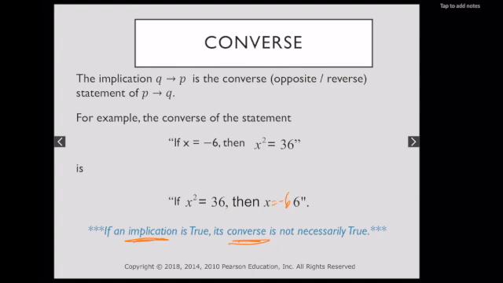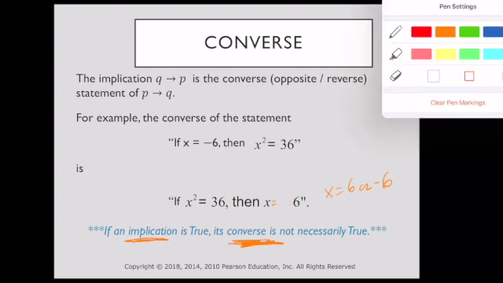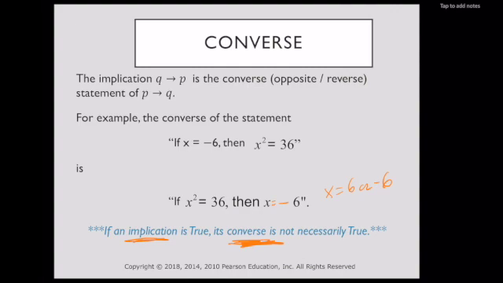Now this isn't necessarily true, right? Because what else could x equal? X could equal 6 or -6. So the converse in this case is not necessarily true.